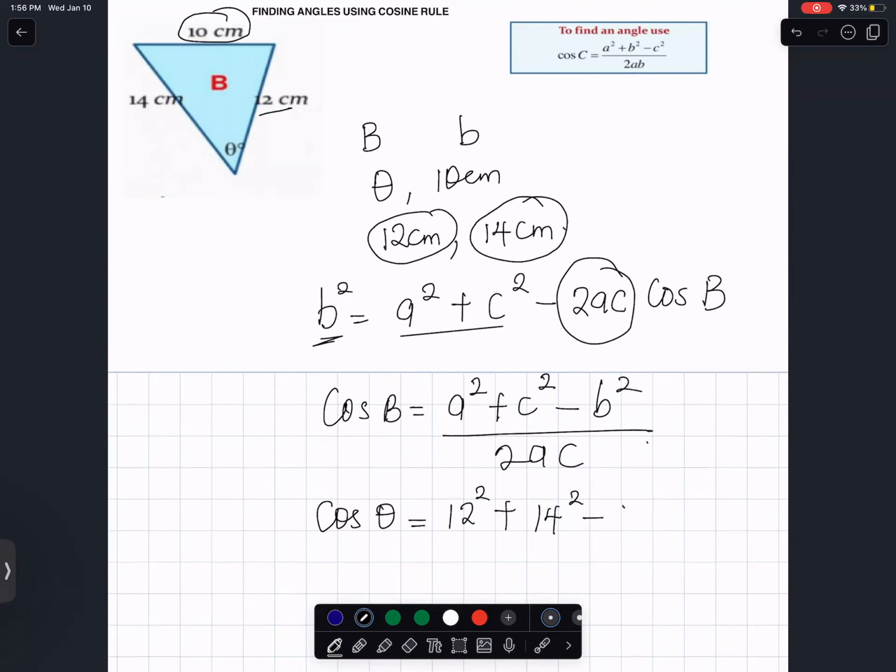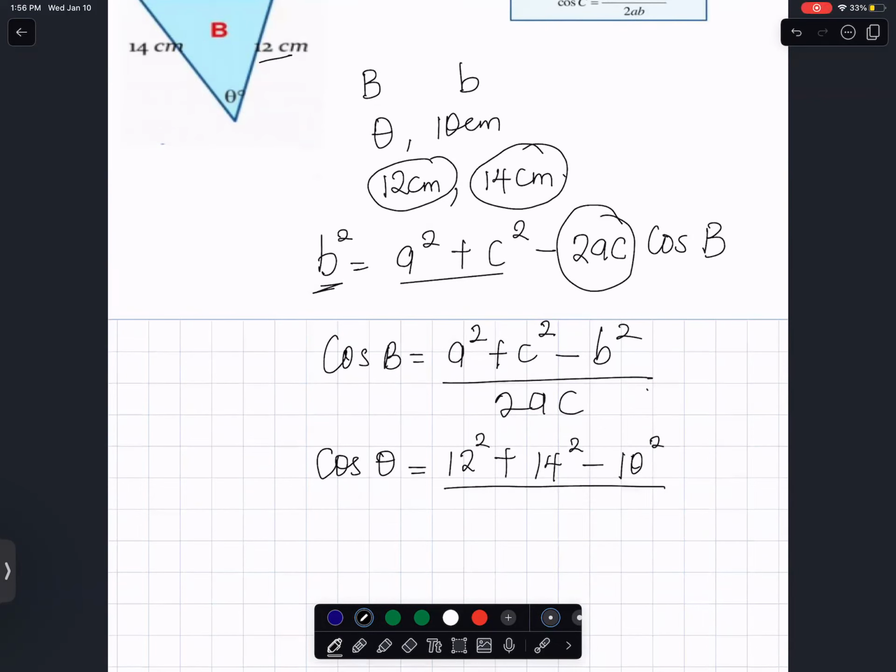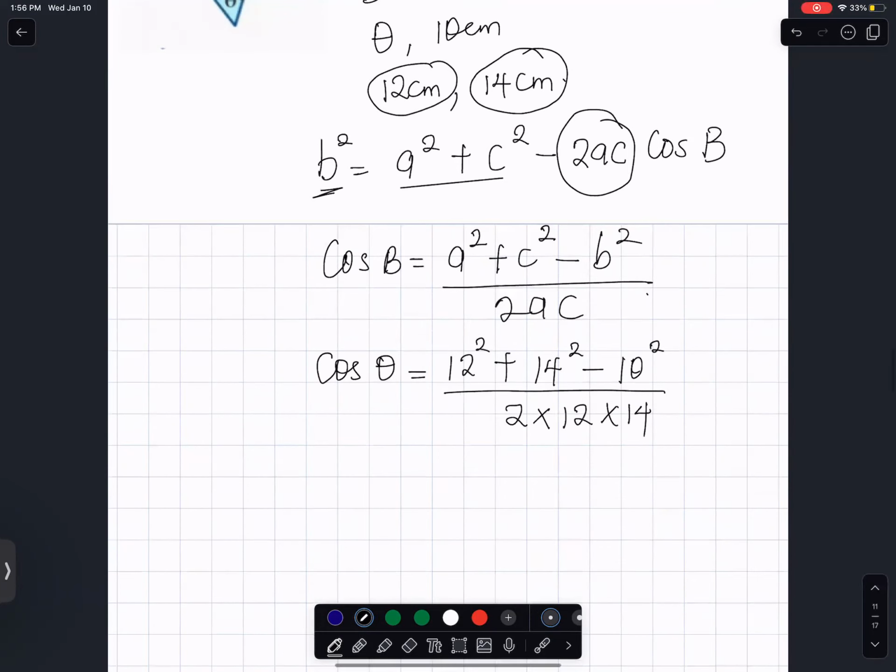So I have minus 10 squared divided by 2 multiplied by 12 multiplied by 14. So on your calculator, you do 12 squared, which will give us 144, and 14 squared is 196, minus 10 squared, which is 100, divided by 2 times 12 times 14, which gives us 336.